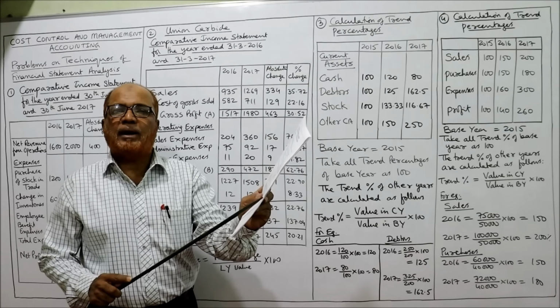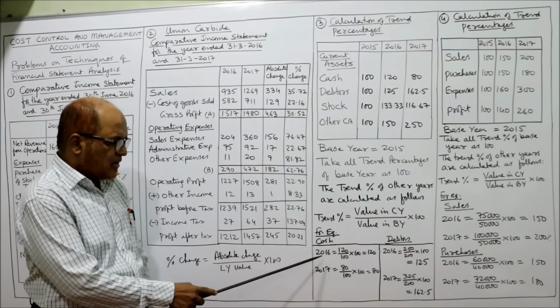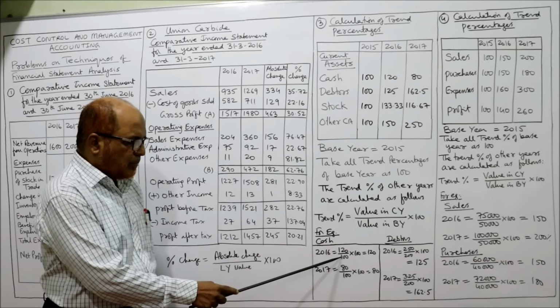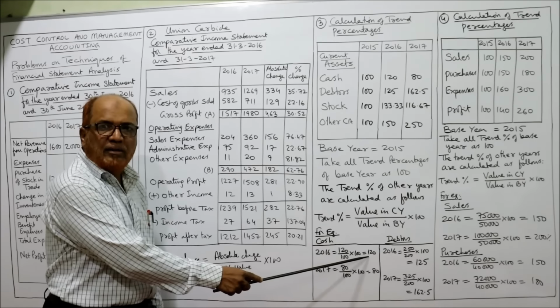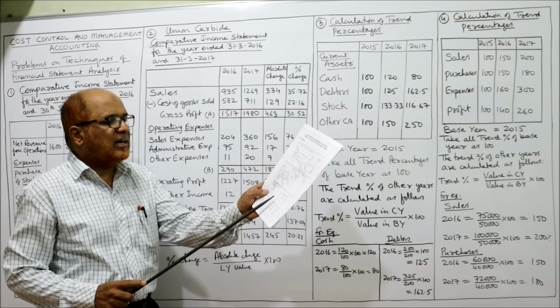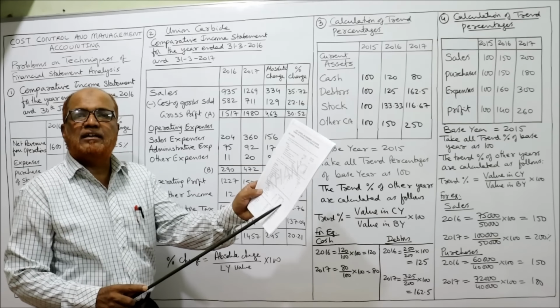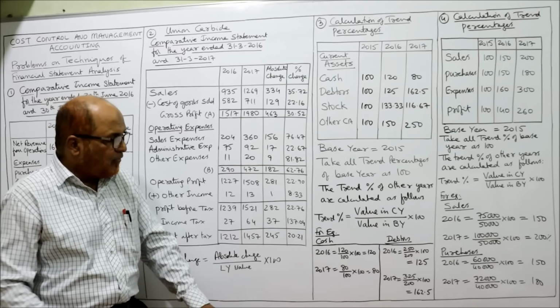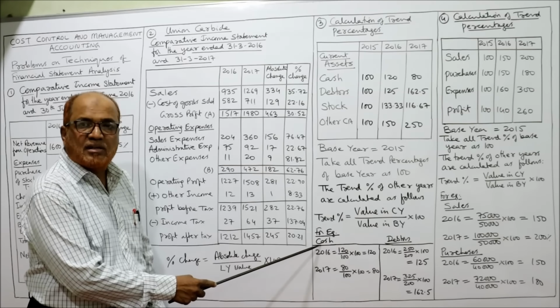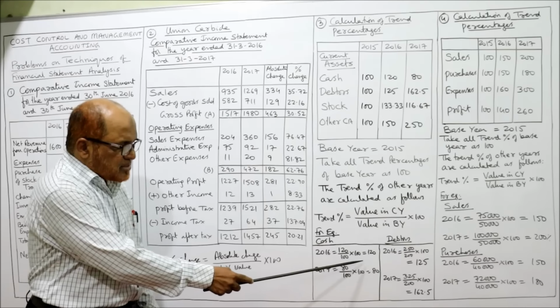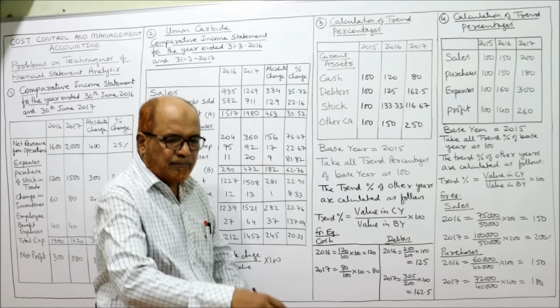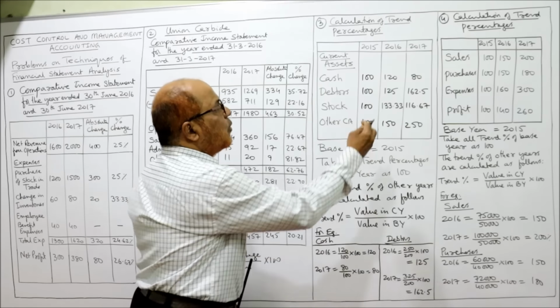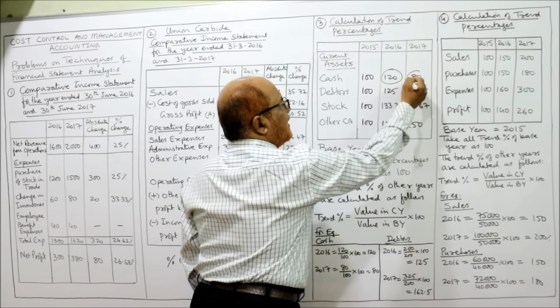So 120 by 100 into 100, you will get 120. Similarly, 2017, the value is 80. So 80 by 100 into 100, you will get 80. So we got the cash trend percentages: 120 and 80. So I have written here 120 and 80.